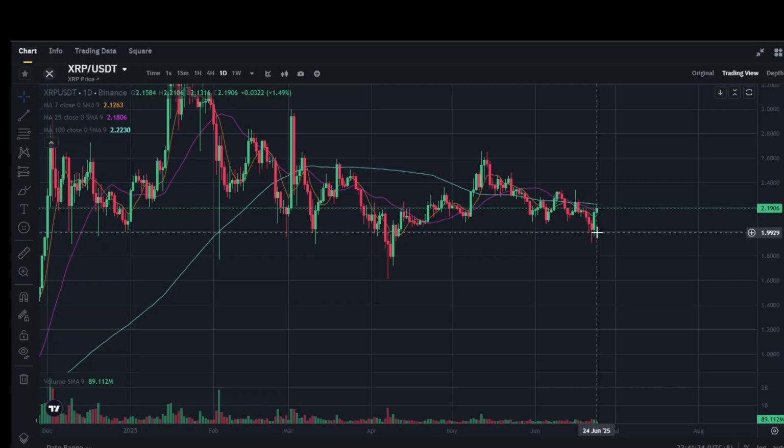So that was a good move, and that was also expected. I expected $2 to be a very strong support level, and it is a very good point to add. So if price returns to $2, I do not mind adding again.